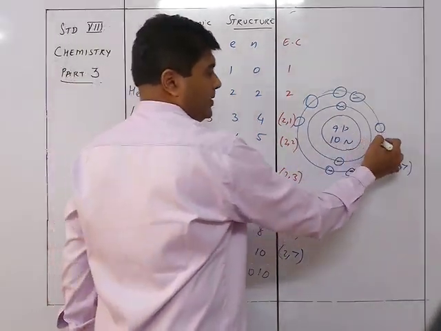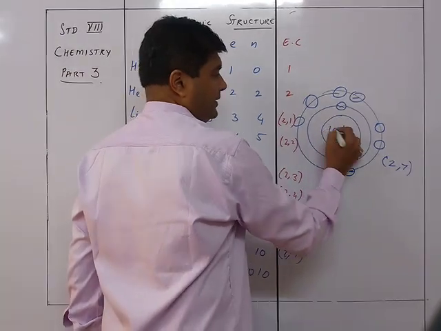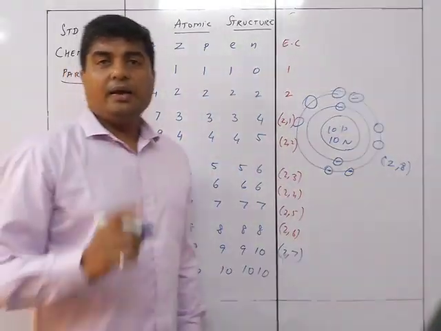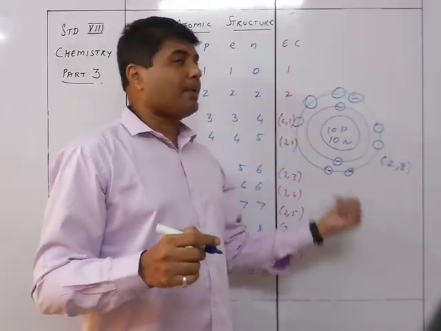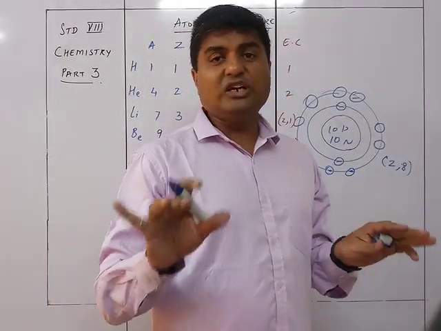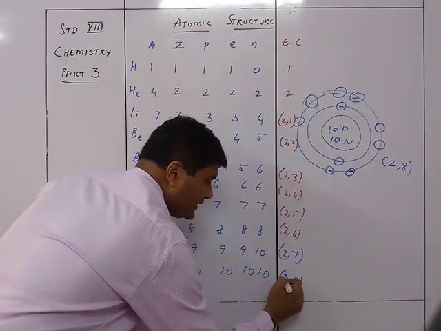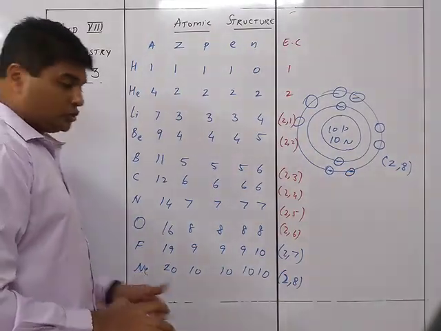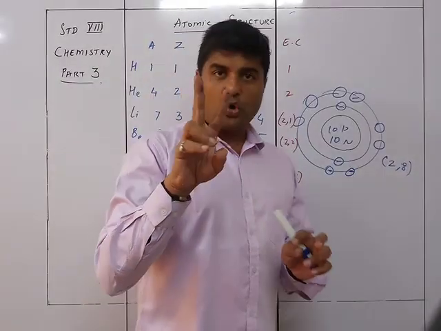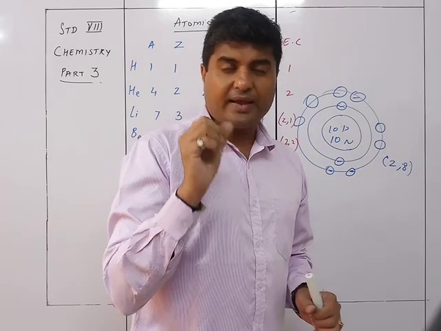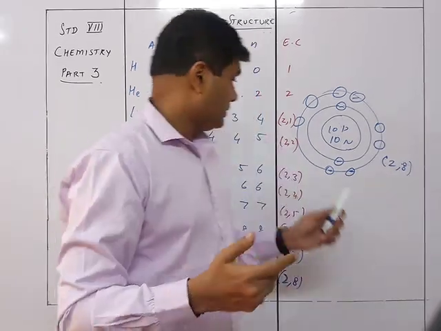Again, one more here, it will be 10, and here it will be 8. You can see that 8 is complete, meaning the L shell capacity is full. With 2, 8 here, the L shell capacity is full. So till the 10th element, there will be only 2 shells, K and L. Got it?